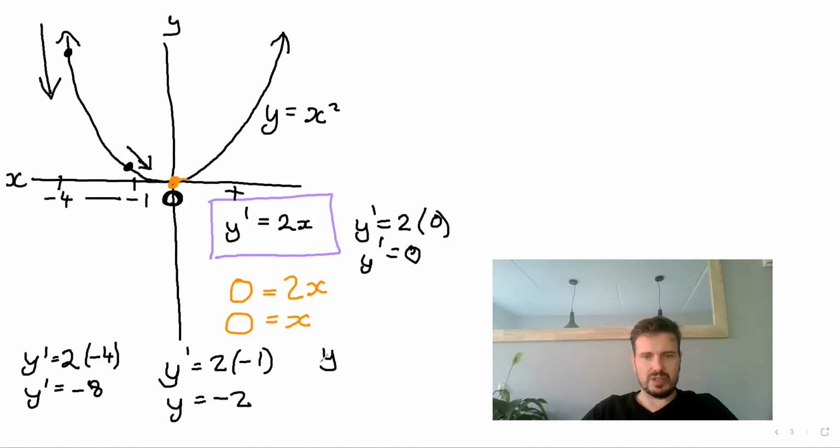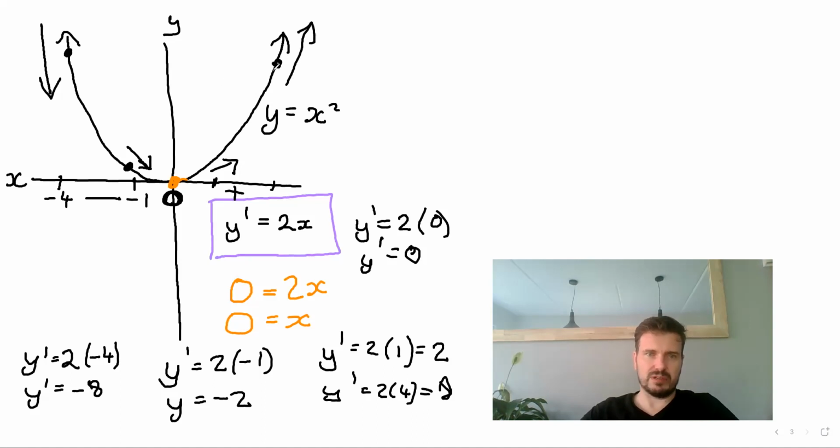Now, if we were to put in, say, 1 here, then we get a +2. And of course, at 1, we see that it's actually sloping upwards. And if we put in +4, we get 2 times 4, which is equal to 8. And we see we have a big, steep slope, where it's at 4, it's very steep. Okay, so the maths is working out.